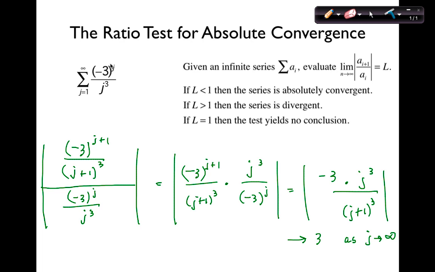So what's the conclusion? As j gets really large, this series becomes like a geometric series with r equals 3. This is the multiplier. Conclusion? It will diverge, because in the long run it'll be like the geometric series with r equal to 3. Those multipliers will get closer and closer to 3. We know that diverges because that would be a geometric series that diverges.